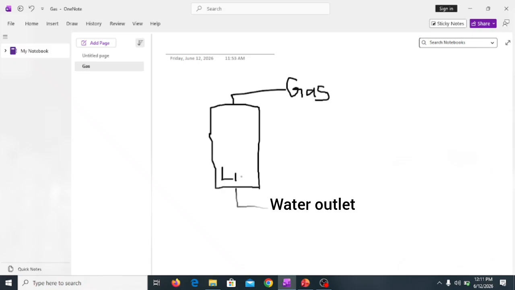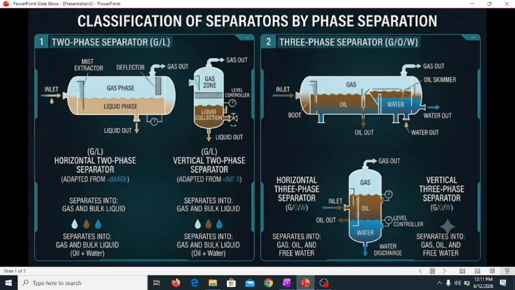This liquid we call bulk liquid. It contains both oil and water.